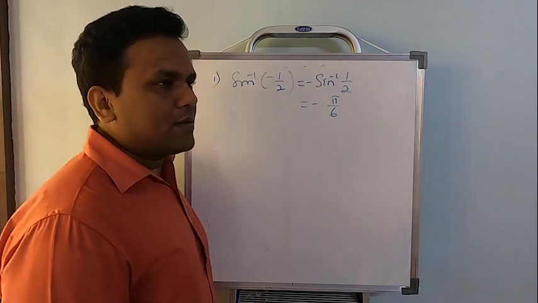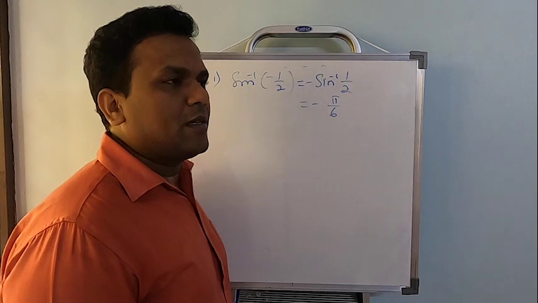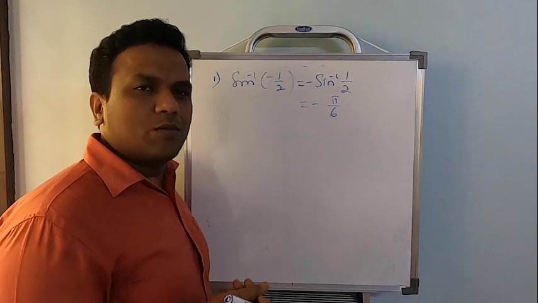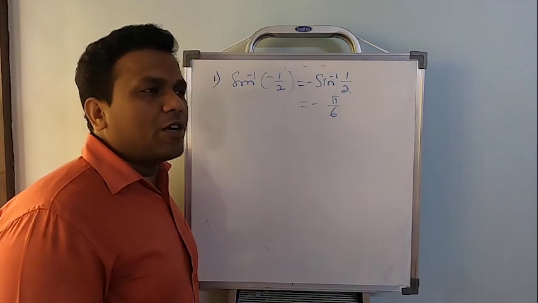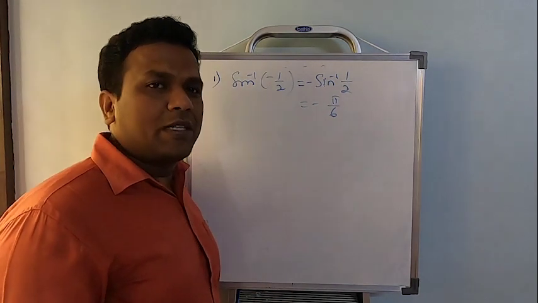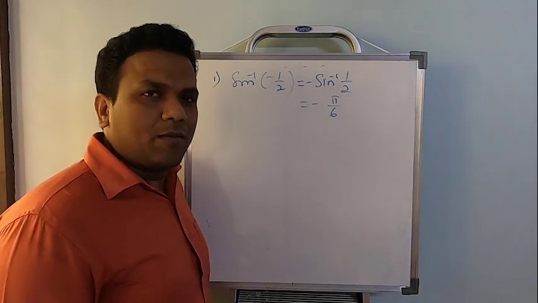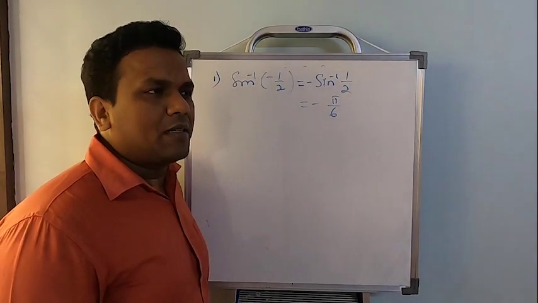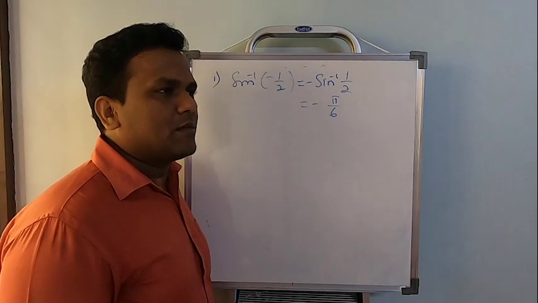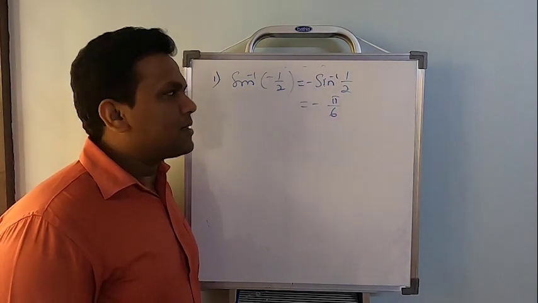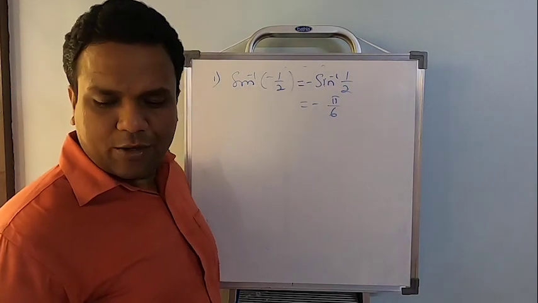I suggest you practice in radians, because most of the objective problems in future will be given in terms of radians only. That means most of the time whole trigonometry will be studied using radians rather than degrees. Still, if you are uncomfortable, you can go with degrees. I won't say no, but I suggest you practice in terms of radians. That's easy and that is the way we need to practice.